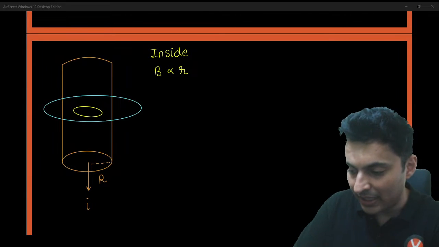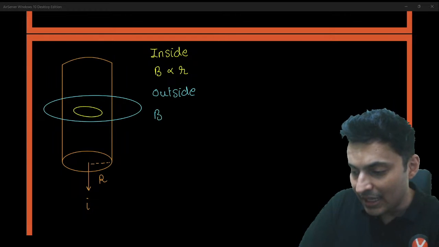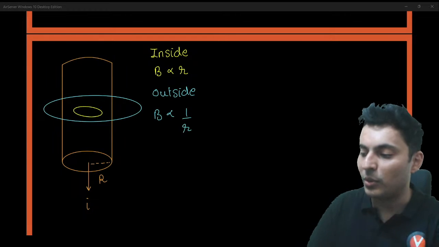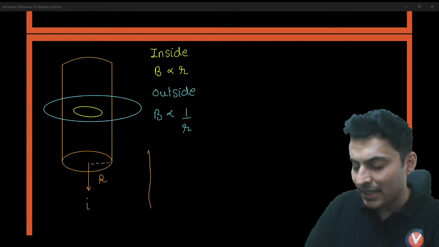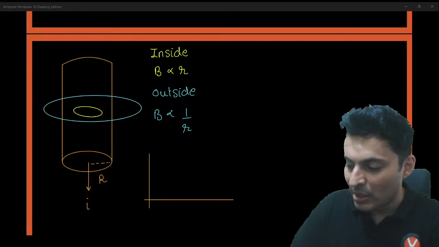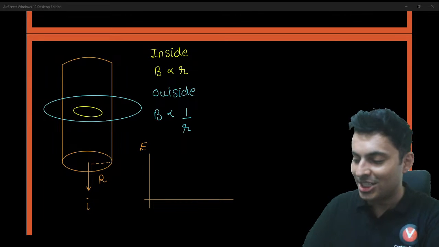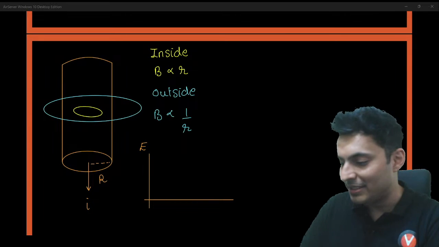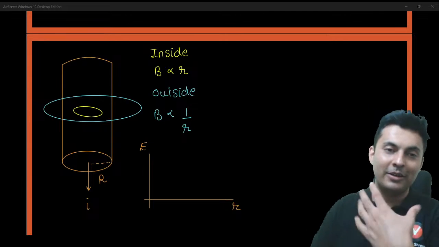But the moment you go outside, it is inversely proportional to r. So that's the reason why this graph resembles your electric field graph for a shell or solid sphere, basically.